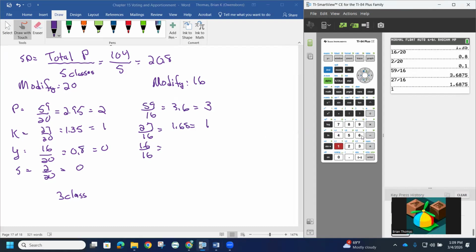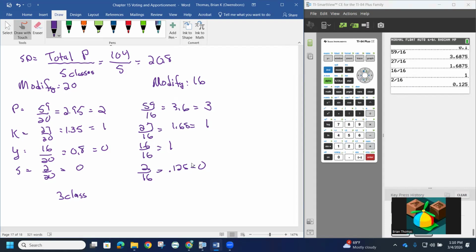So 16 divided by 16 gives me a 1. So then this is going to be 2 divided by 16, which is still not going anywhere. So 2 divided by 16 gives me 0.125. So that's going to go back to 0.